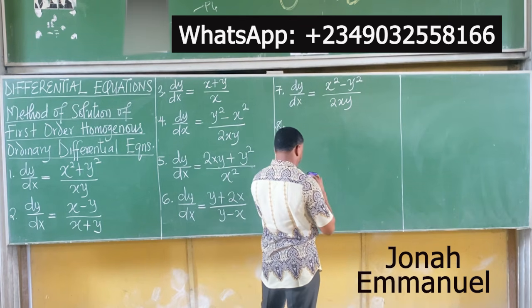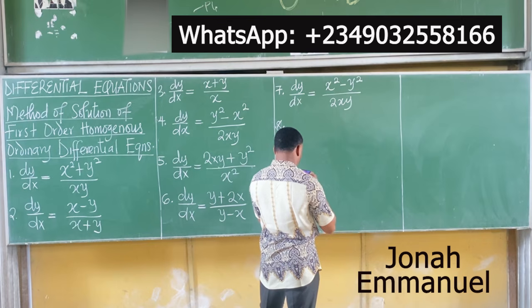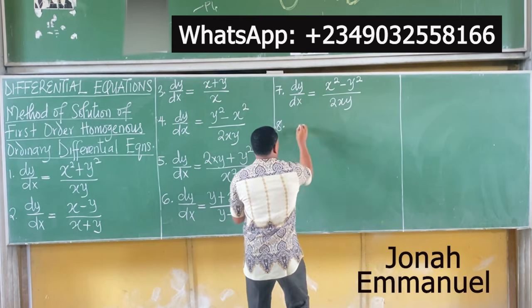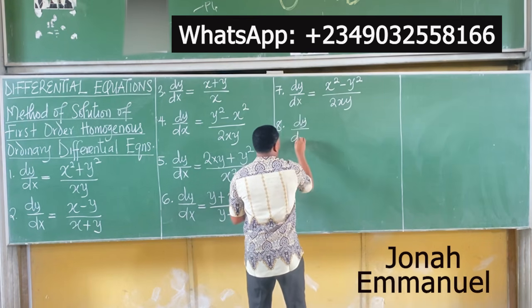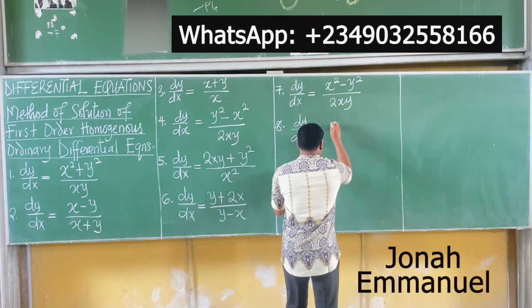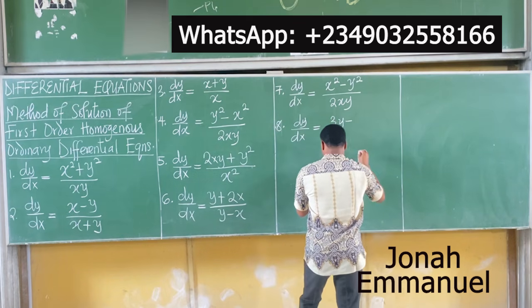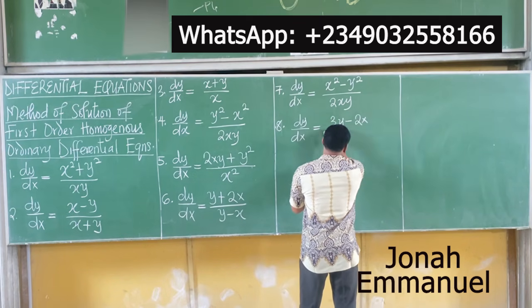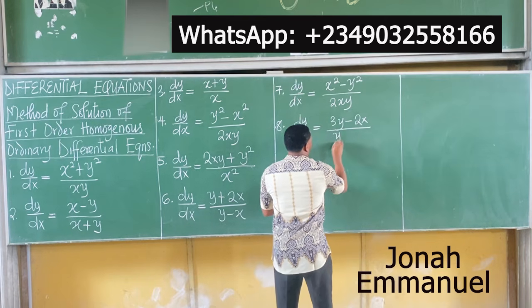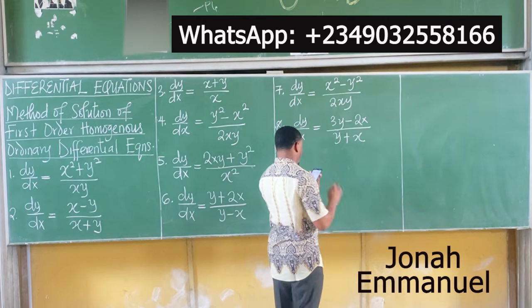Number eight, dy/dx equal to 3y minus 2x all over y plus x.